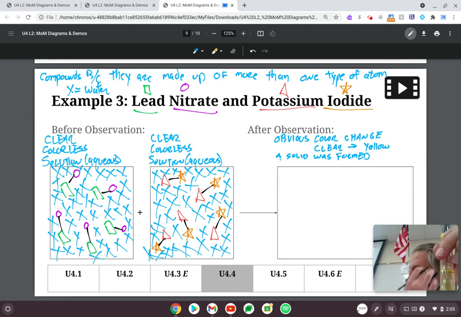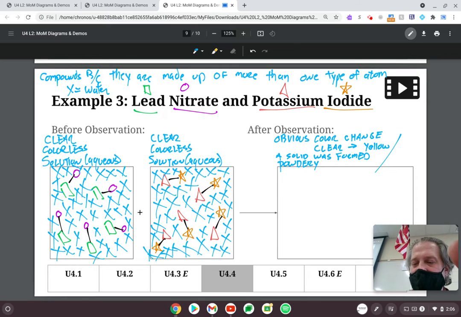Any description of said solid? It appears powdery a little bit. And then what about the liquid on top or the solution on top? Like clear. Well, so we're going to say that the solution is mostly clear.